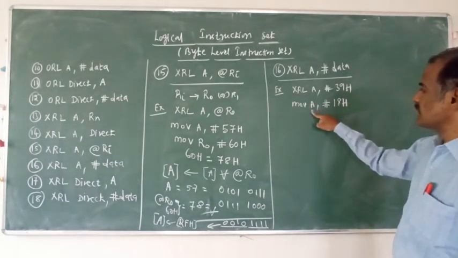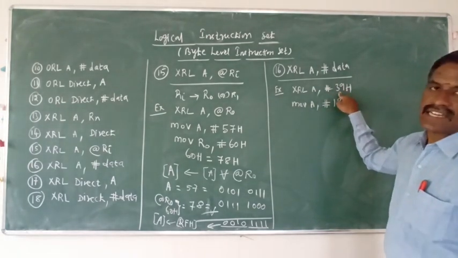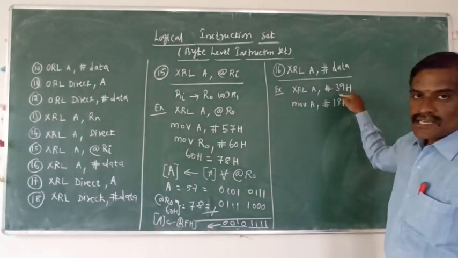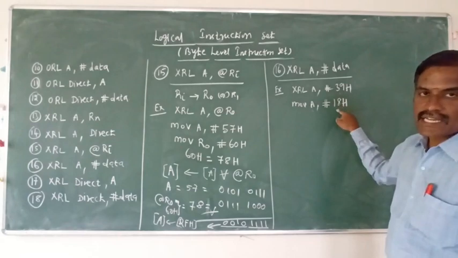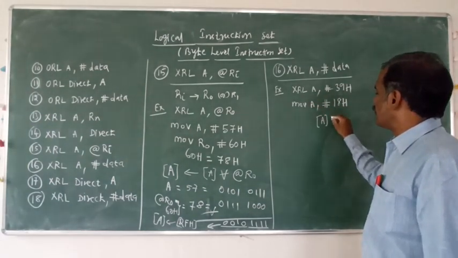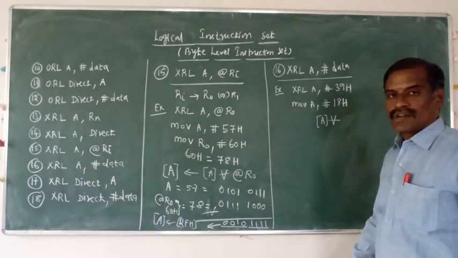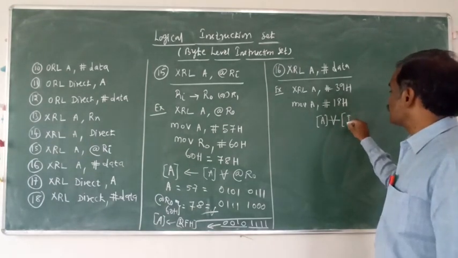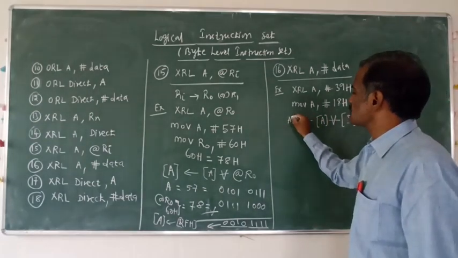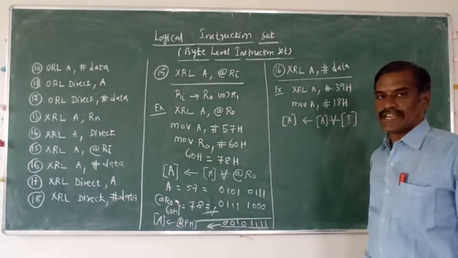Now the accumulator holds 18 and the immediately given data is 39. Logically exclusive-OR these two data and move the result to the accumulator. The A register data is exclusive-ORed with the immediately given data, and the result is moved to the A register itself.